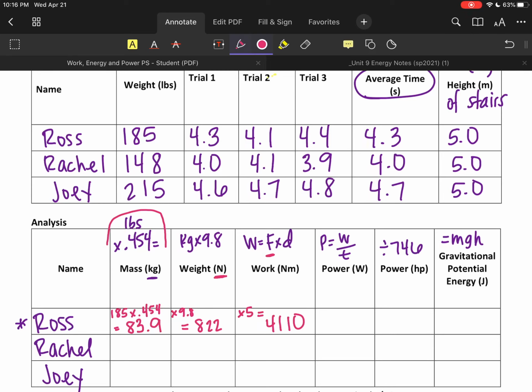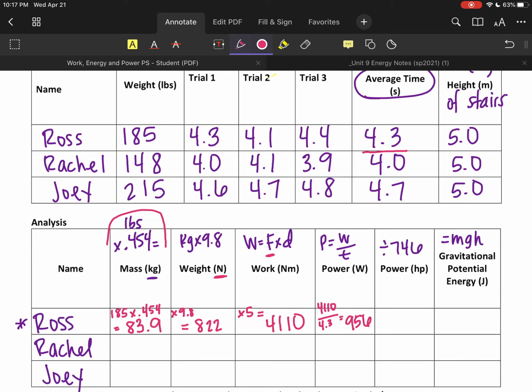Now I'm going to calculate my power of Ross. How much power does he have? How much work did he do over time? So this is his total amount of work, 4,110, and it only took him 4.3 seconds. So I'm just going to take 4,110 and divide it by 4.3 seconds. His power is, we'll say, 956 watts.